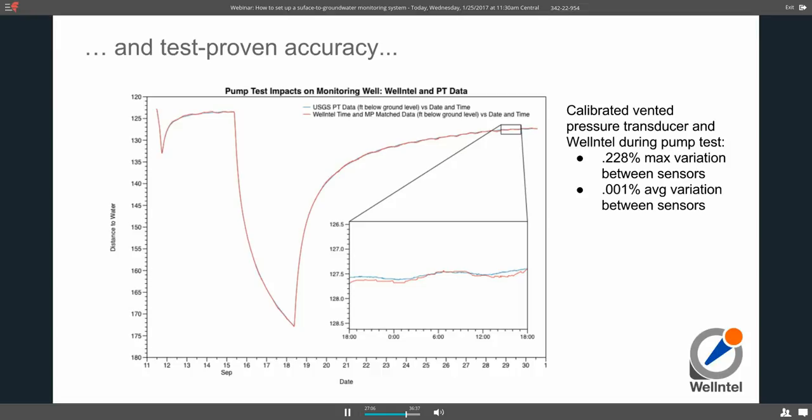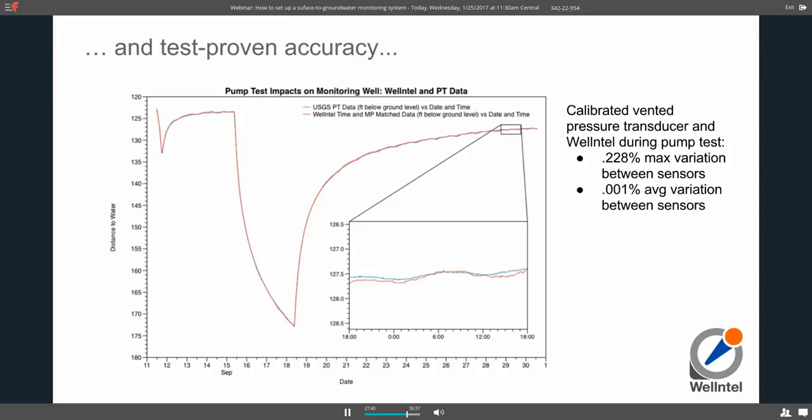We were within an inch of that pressure transducer technology throughout that time frame, and the little inset box that zooms in later on in that pumping test highlights the accuracy comparison. The one note to include here is that both instruments showed a daily cycle in water level, small, about a tenth of a foot or so, plus or minus, throughout the duration of the test.